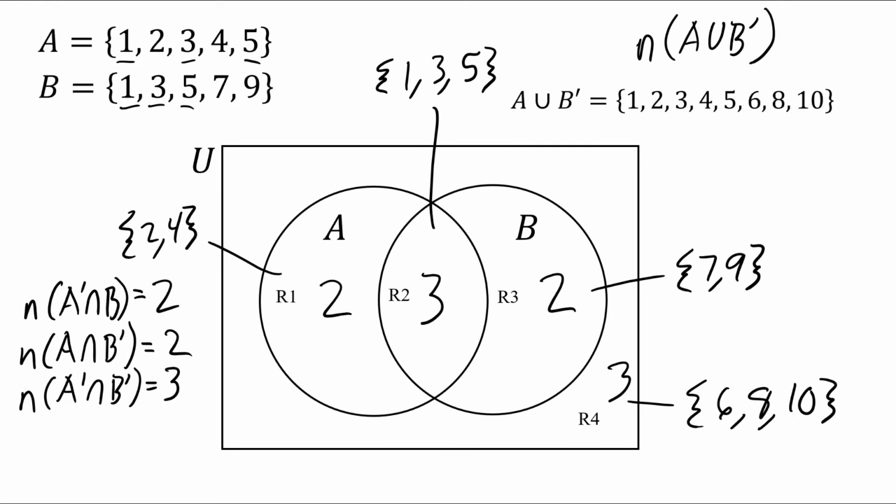If you got 5, that is a very common answer. The actual answer is 8. So if you got 8, great job. So the number of elements in A union B complement is 8.